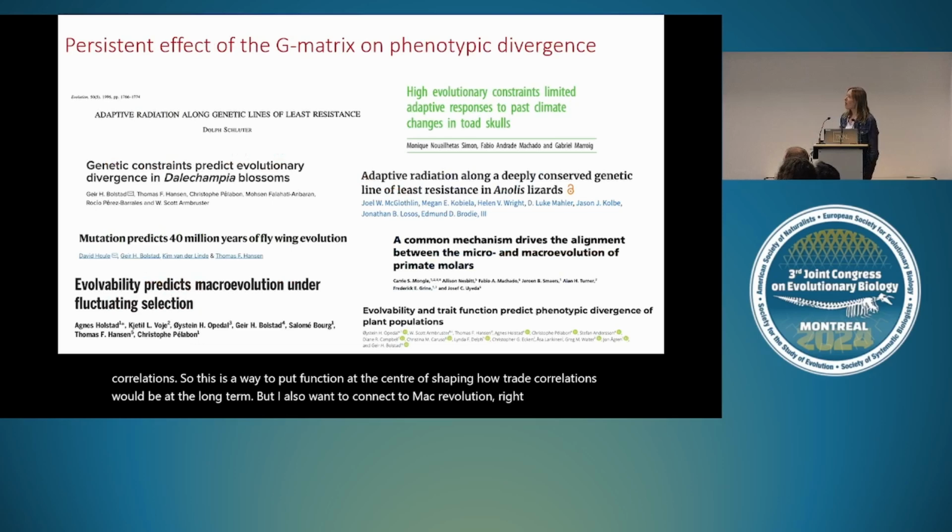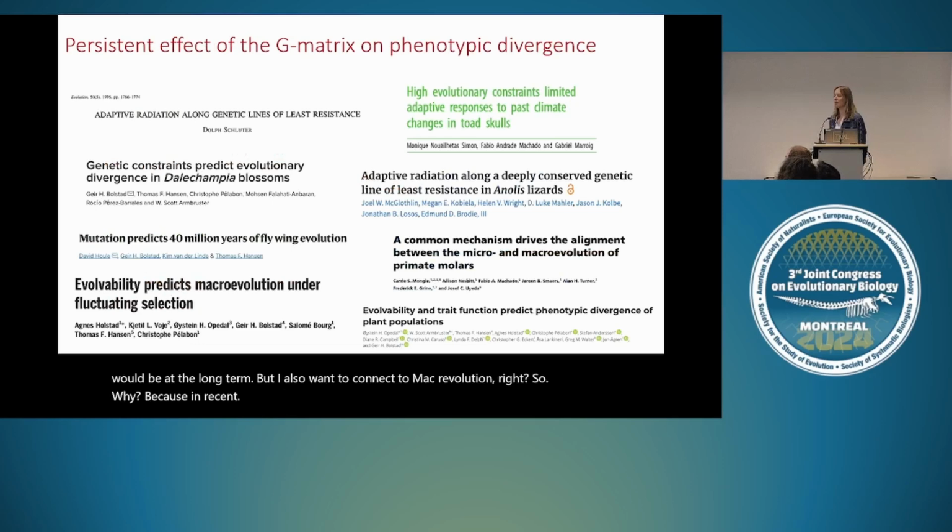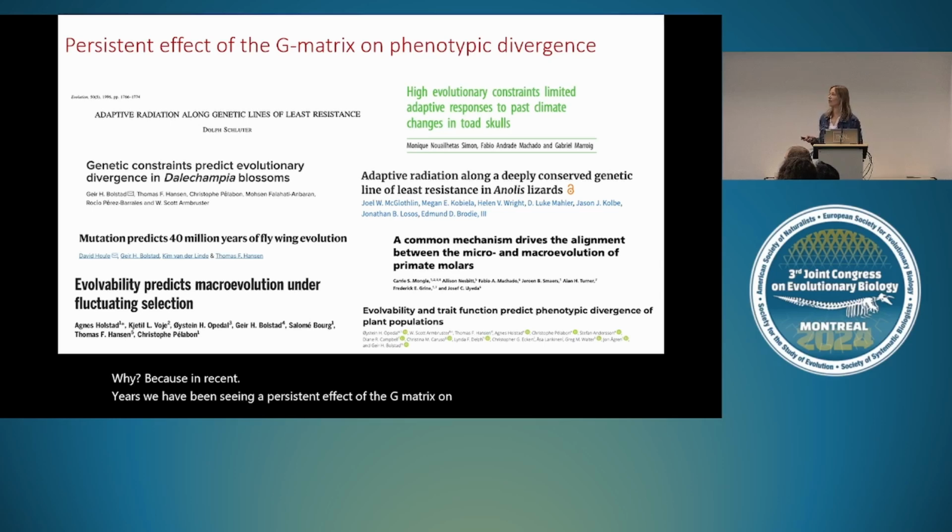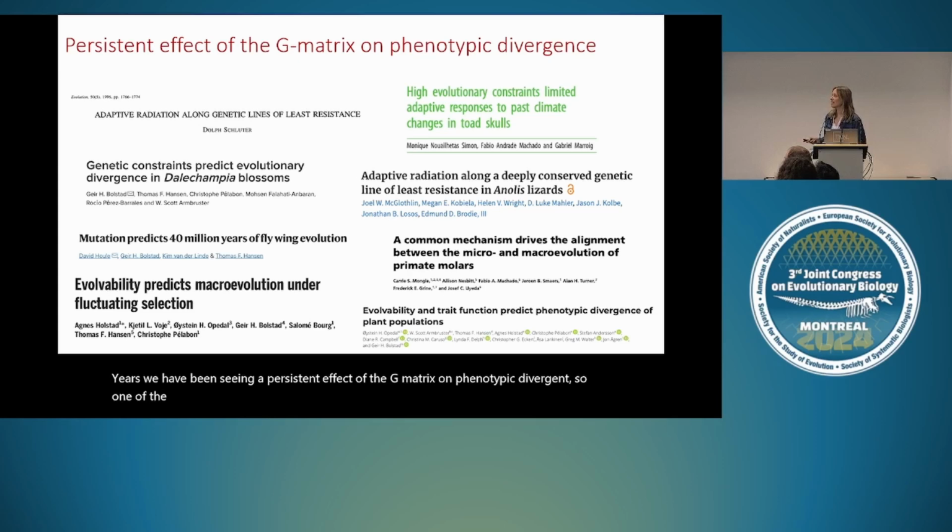So why? Because in recent years, we have been seeing a persistent effect of the G matrix on phenotypic divergence. One of the first people to actually test these kinds of things was Dolph Schluter, and he expected, and he saw in his data, that this effect would decay with time, around 4 million years.